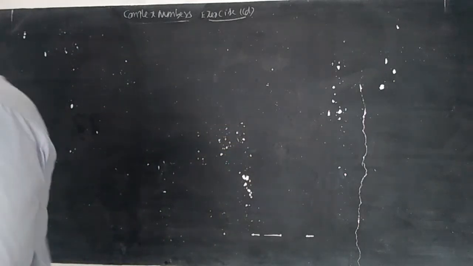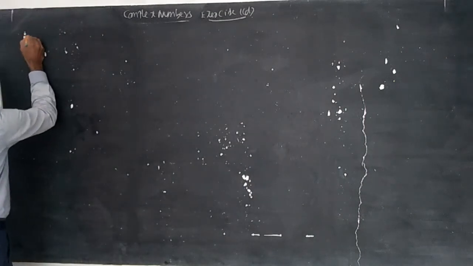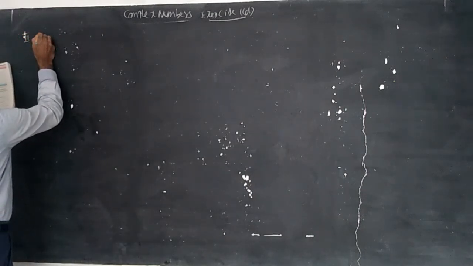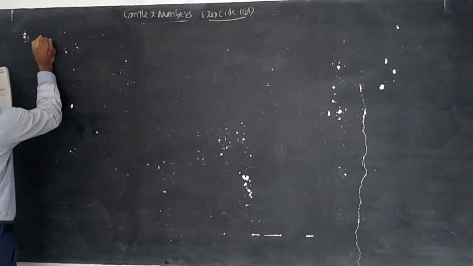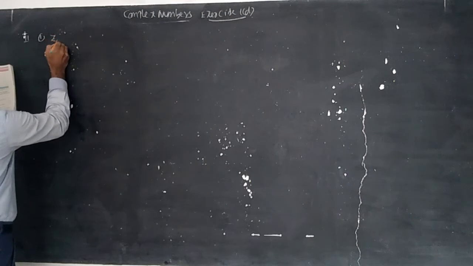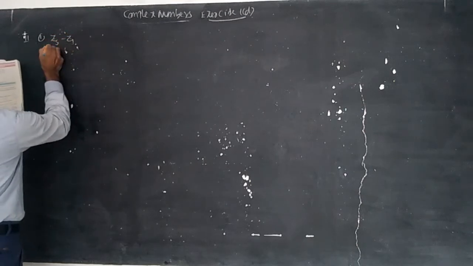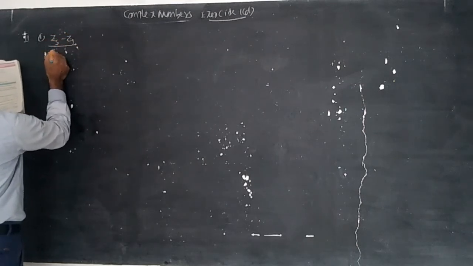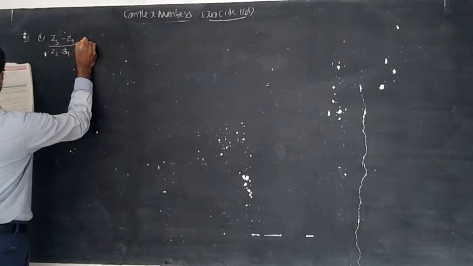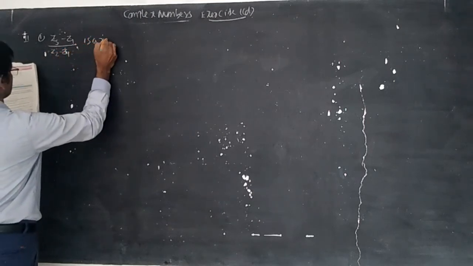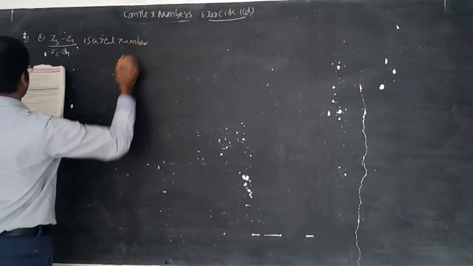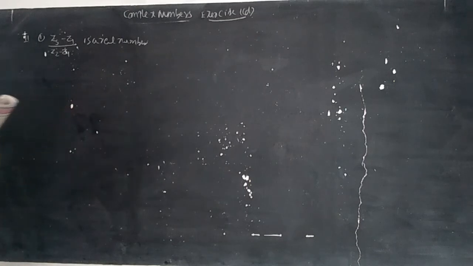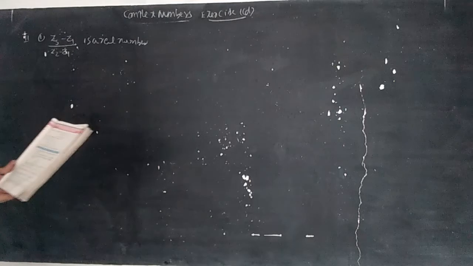Second problem: show that the points represented by the complex numbers are collinear. Second row, first one: Z3 minus Z1 by Z2 minus Z1 is a real number, so that the points are collinear.